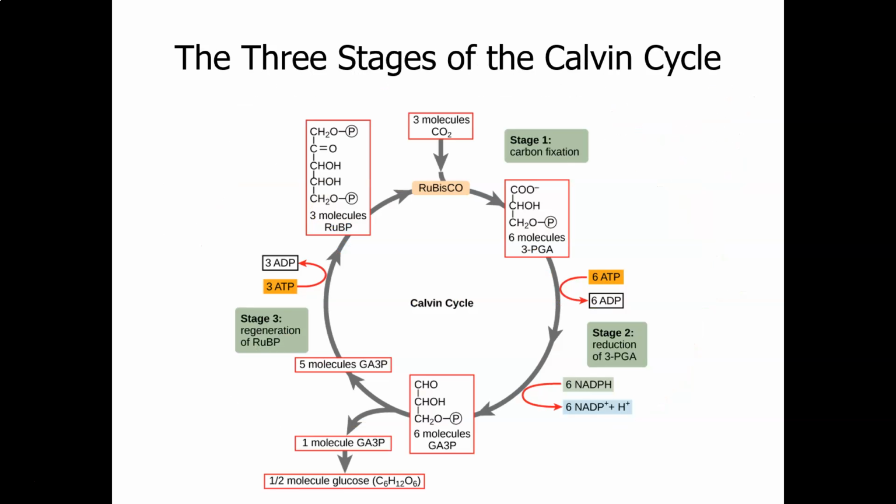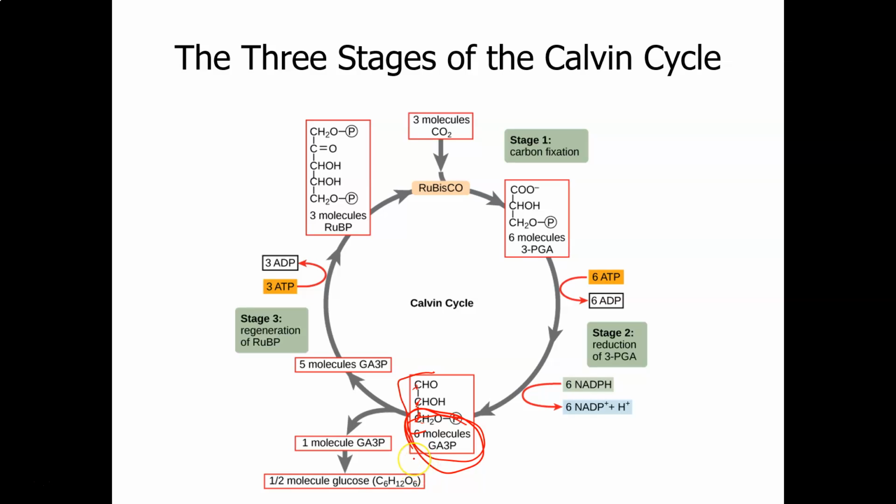And here you see some numbers, so you can maybe understand it a little better. Every time 6 molecules of GA3P or G3P are produced, each one of them has 3 carbons, okay? As you can see here, there's 1, 2, 3 carbons in G3P. Well, 1 molecule of G3P is used to produce glucose.